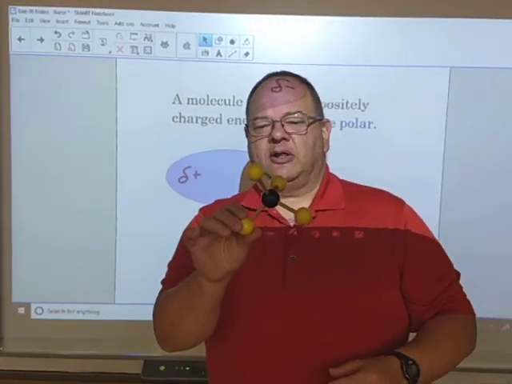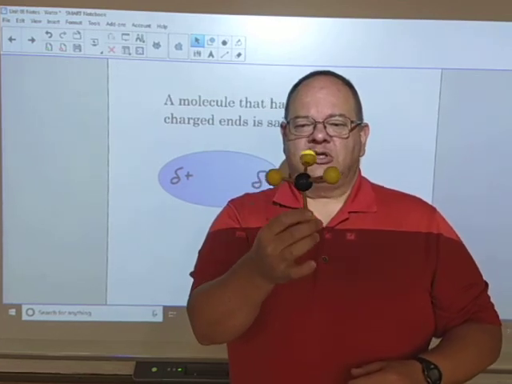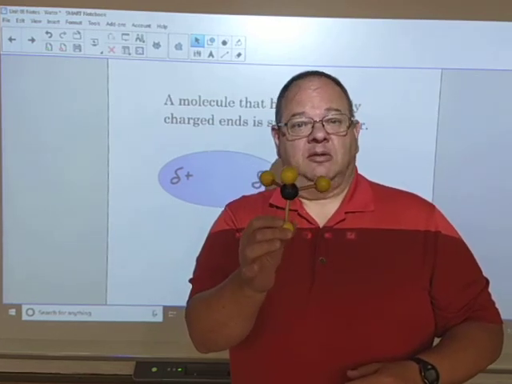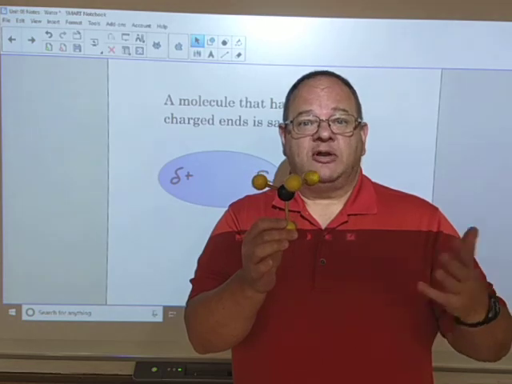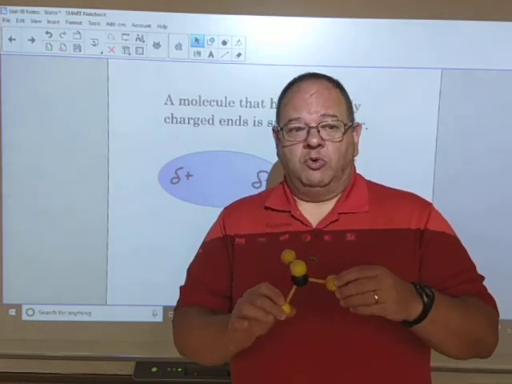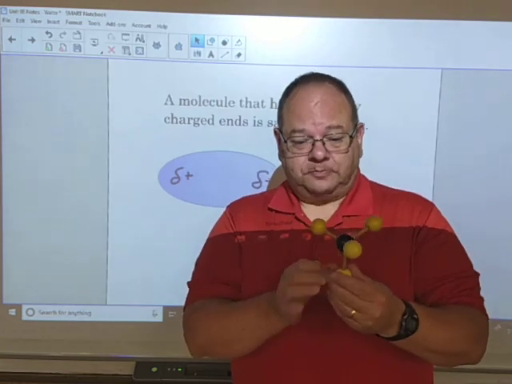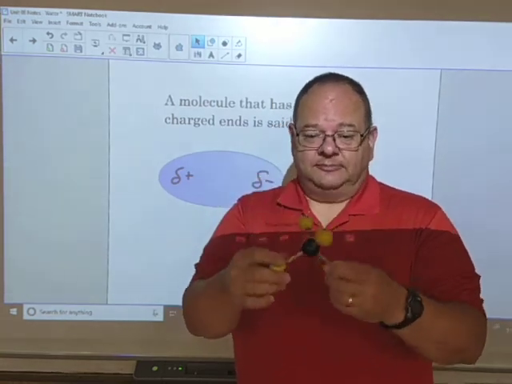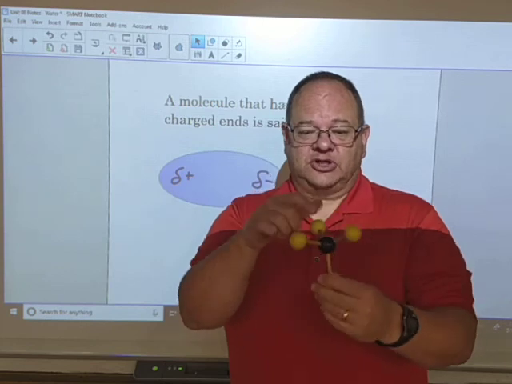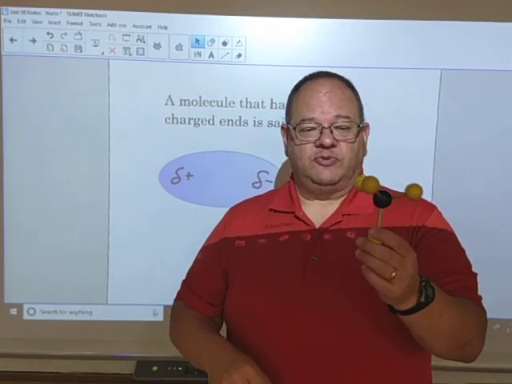If you look at this molecule, this could be a molecule of methane. Methane is the primary component of natural gas. When we use our burners in the lab, we're burning primarily methane. So methane has 4 bonds. There's a carbon in the middle and 4 hydrogens around the outside.